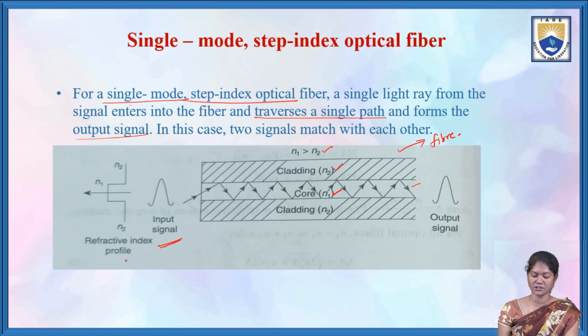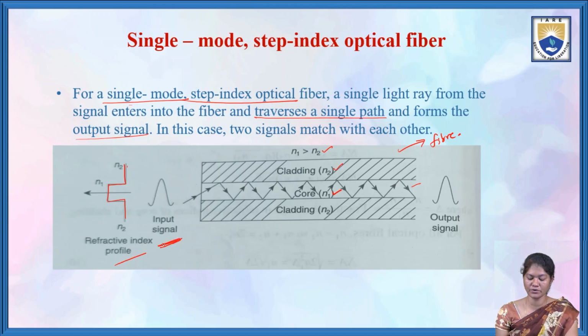When we see this refractive index profile, for the core refractive index there is a step change. N1 remains constant throughout the core and decreases at the core and cladding interface like this.